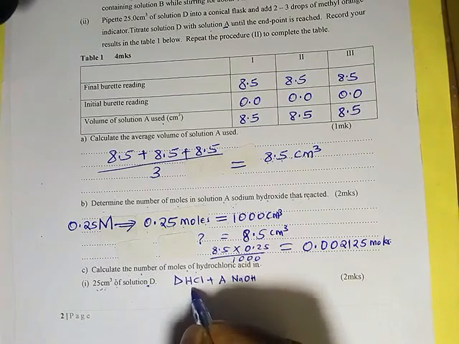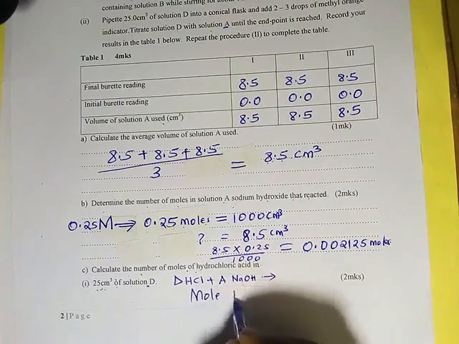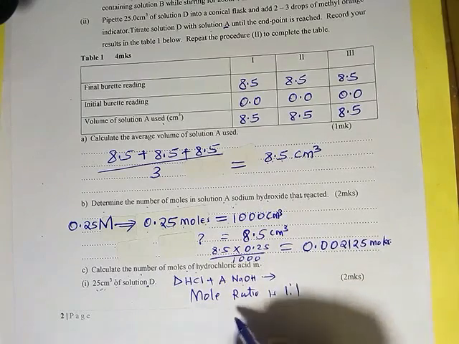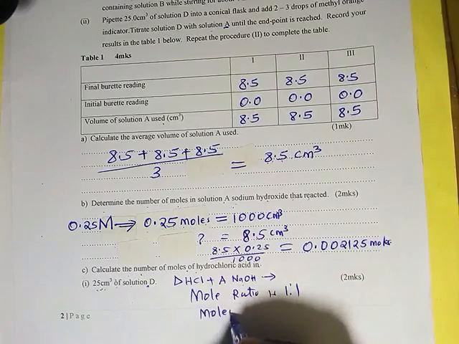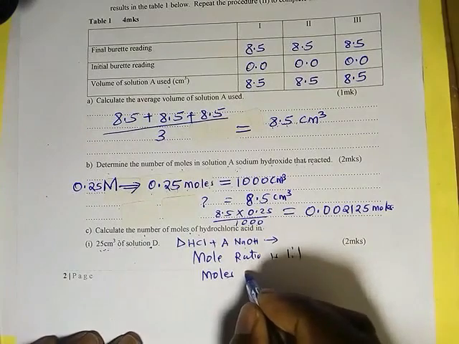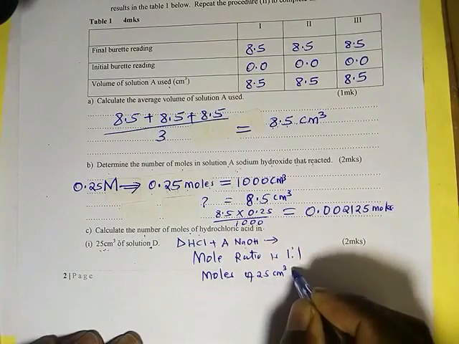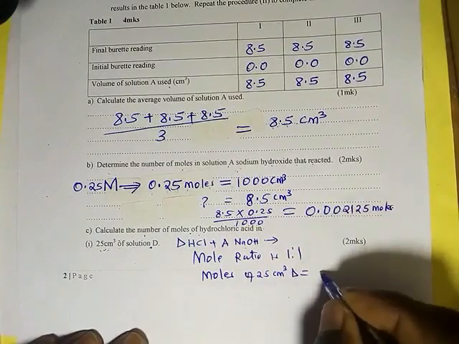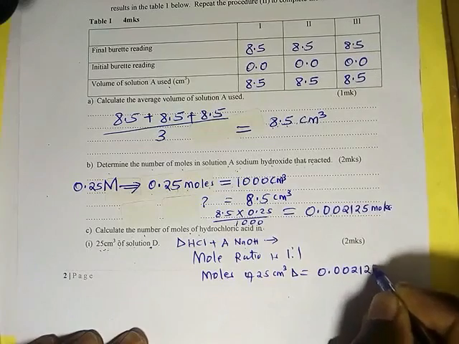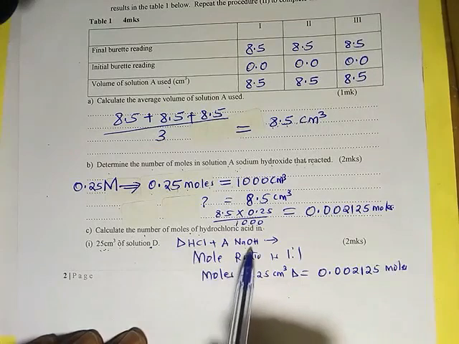Because HCl and sodium hydroxide have a mole ratio of 1 to 1, the moles of 25 centimeters cube of D equal these moles, 0.0022125 moles. The reason is the ratio is 1 to 1.